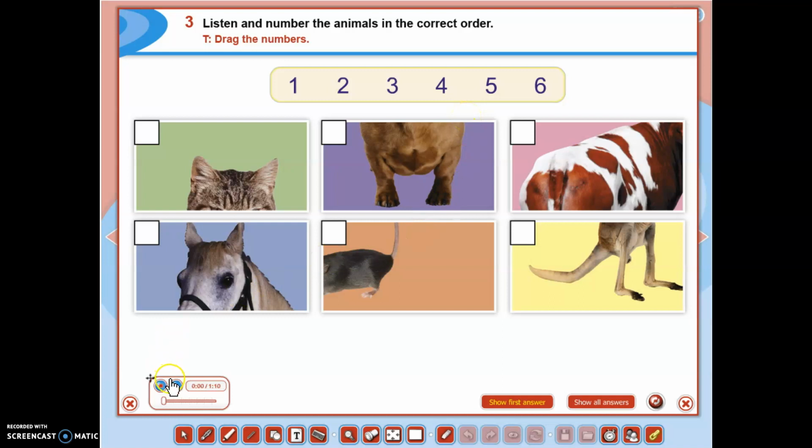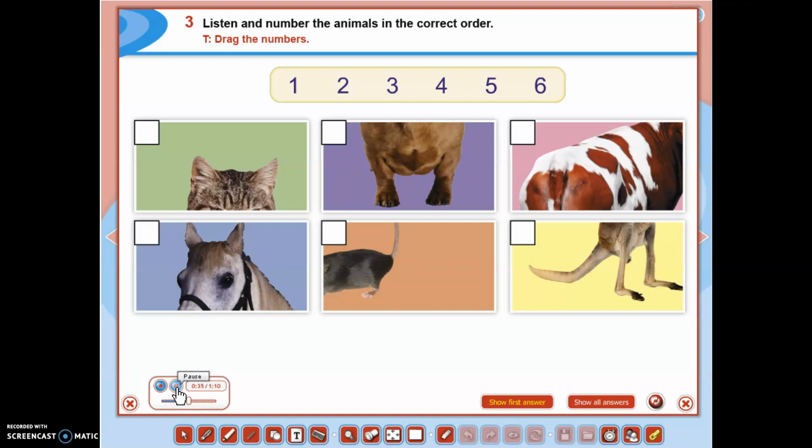Let's listen to it twice. Unit 3, page 65, exercise 3. 1. This is a cow. Number 1 is a cow. 2. This is a horse. Number 2 is a horse. 3. This is a mouse.